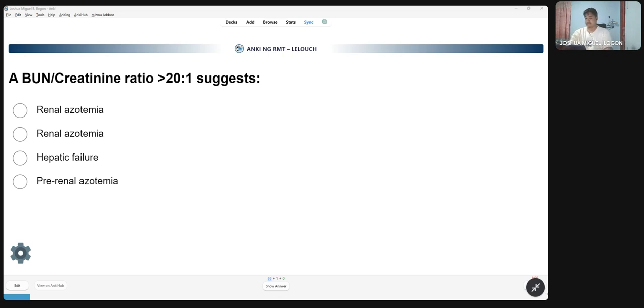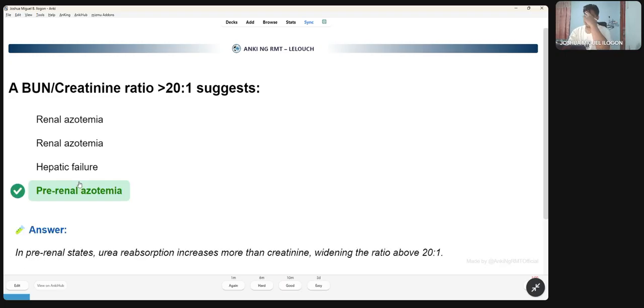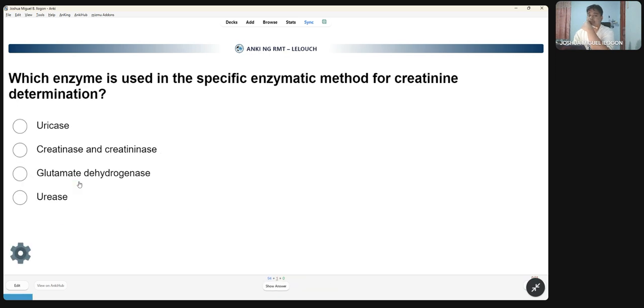So the question: a BUN creatinine ratio greater than 20 suggests pre-renal, I think, because your urea absorption increases more than creatinine. So normal creatinine is normal. Okay, I'm gonna make a mistake because I looked at my notes.